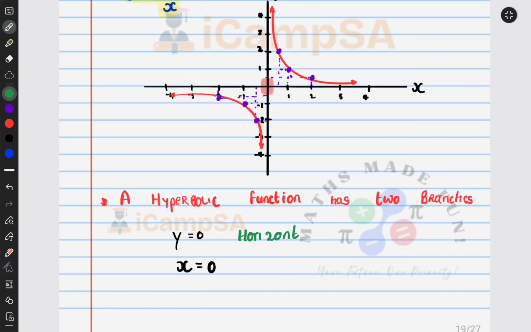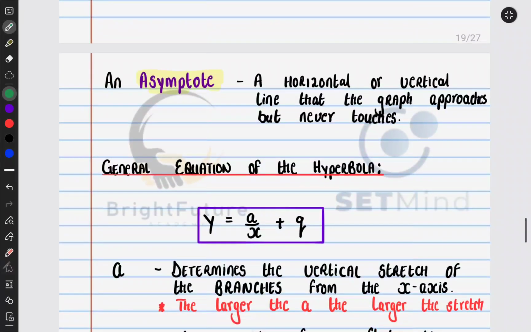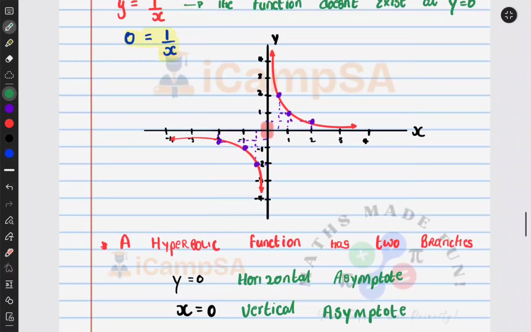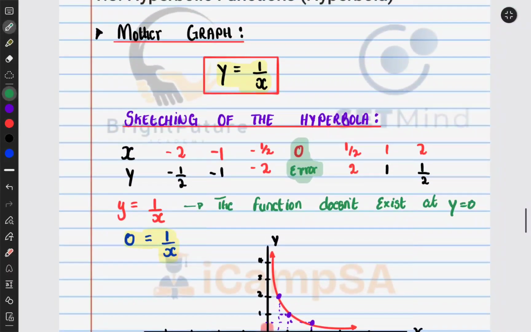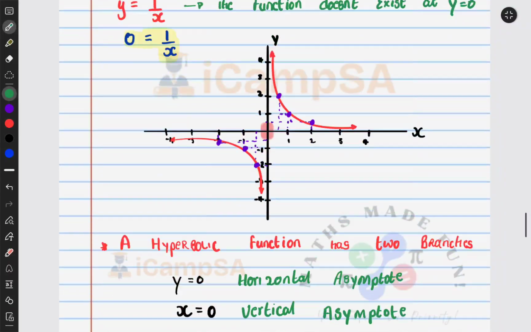That is your horizontal asymptote. And then for x is equal to 0, that is your vertical asymptote. Okay, so basically that's the mother graph of the hyperbolic function with the equation y is equal to 1 over x.